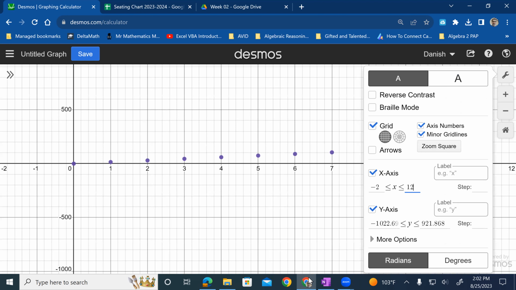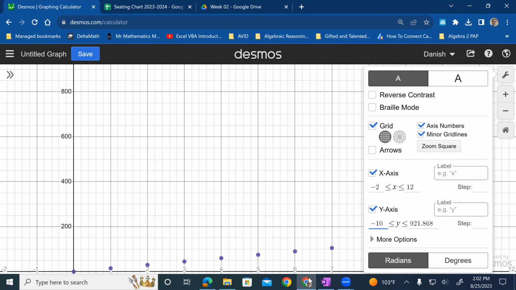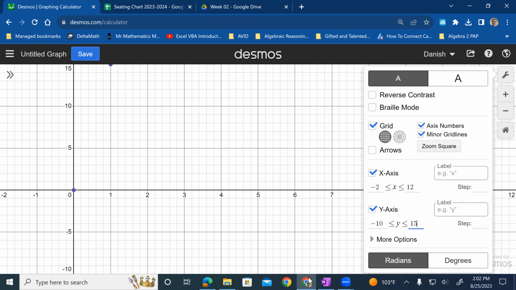Let's do it. From -2 up till 12. And then for the y-axis, instead of 1000 something, I will start it again from -10. And I will take it up till 150.